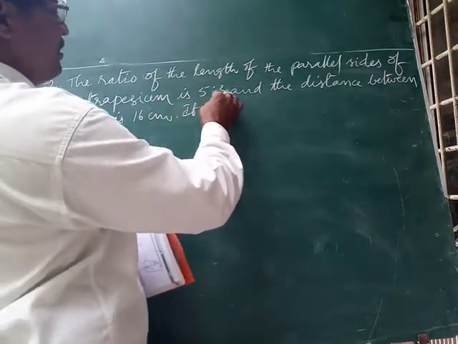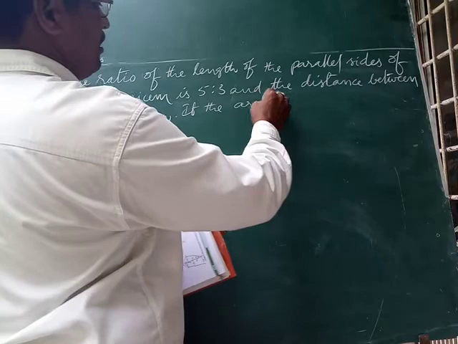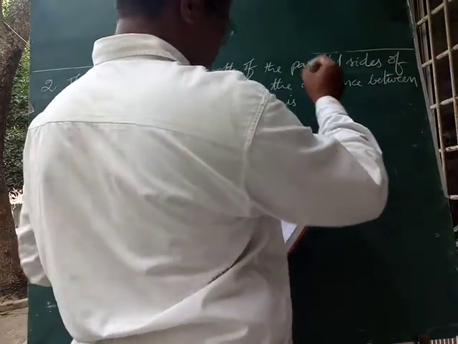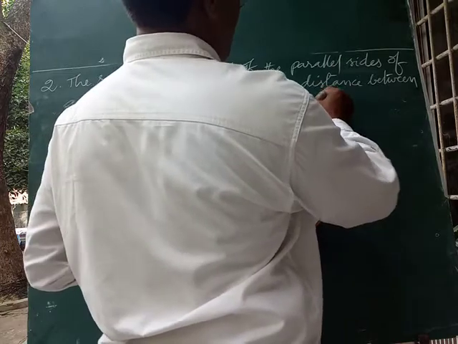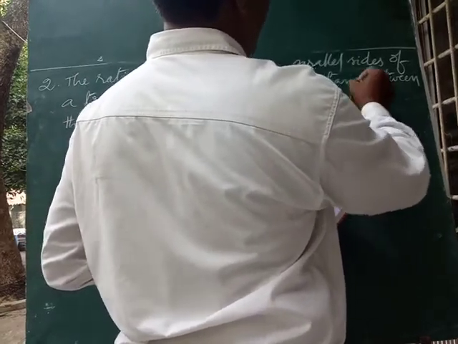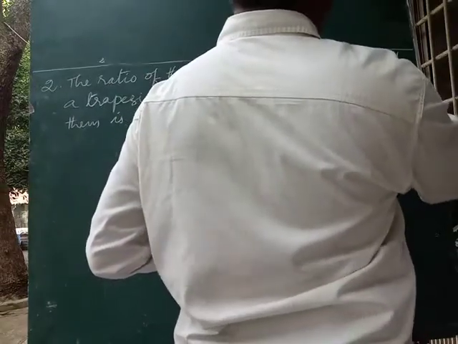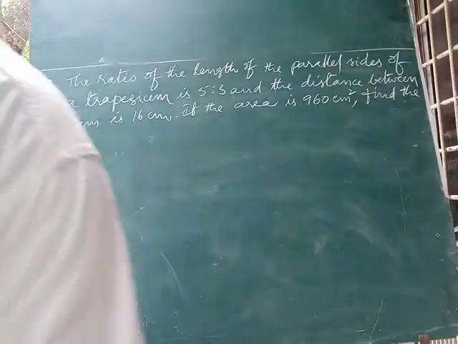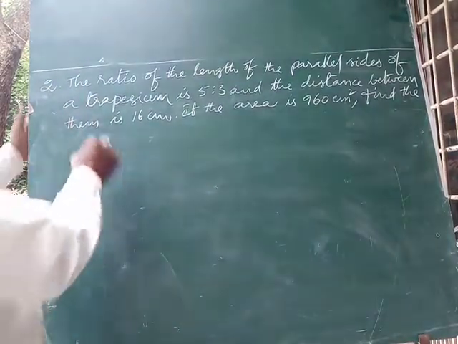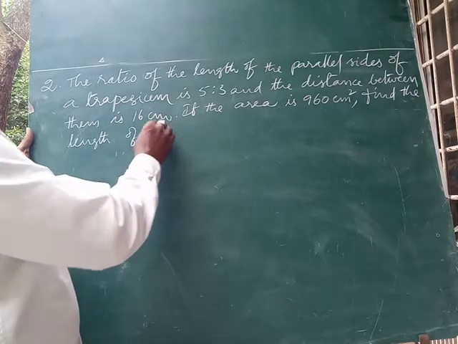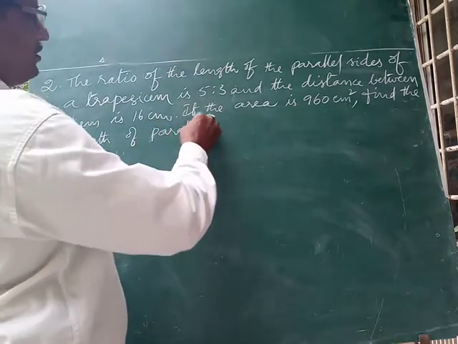If the area is 960 square centimeters, find the length of the parallel sides.